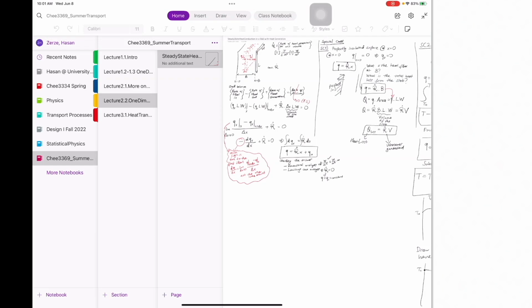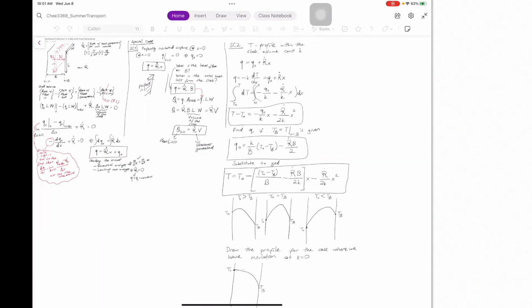And we did it for slab geometry. And we have found that you're going to have parabolic temperature profiles in such cases. And depending on your boundary conditions, you can have slightly different profiles, but all are actually parabolic.